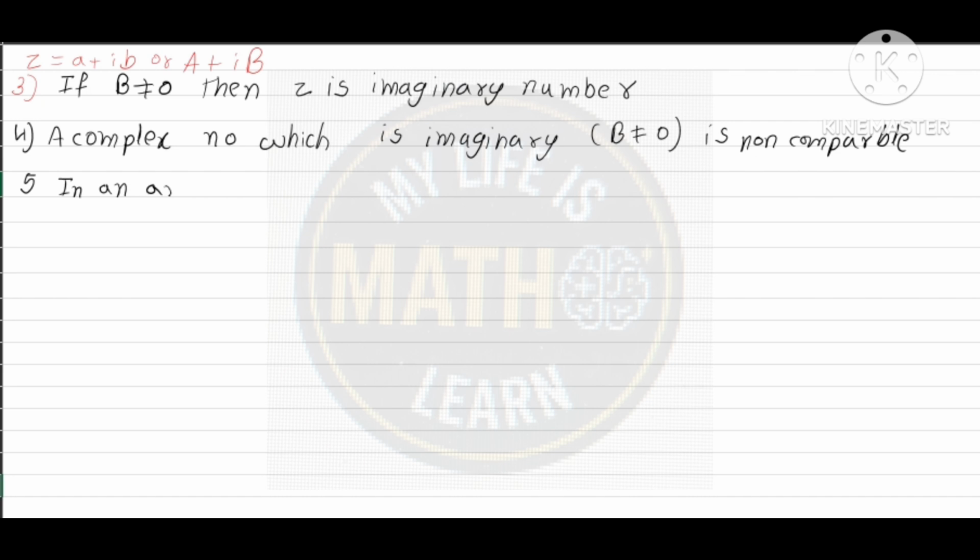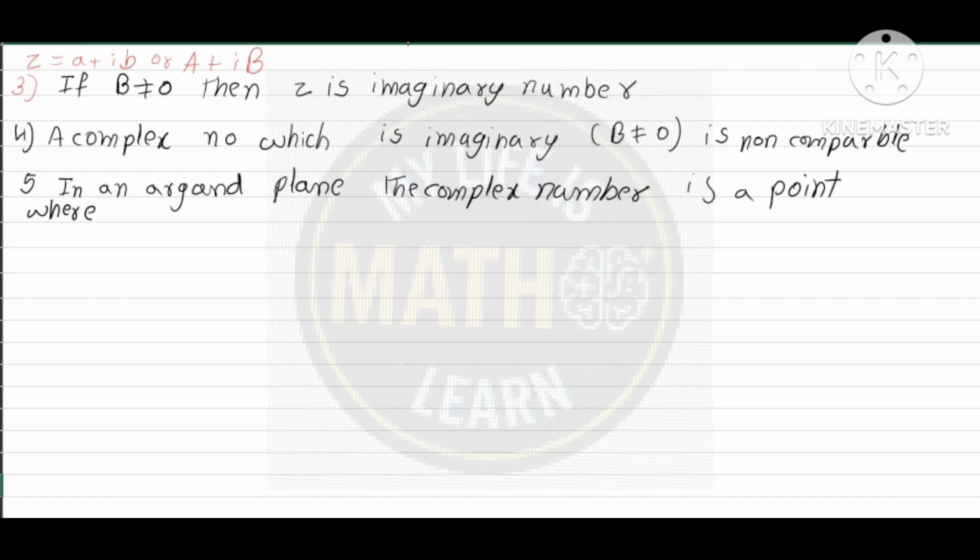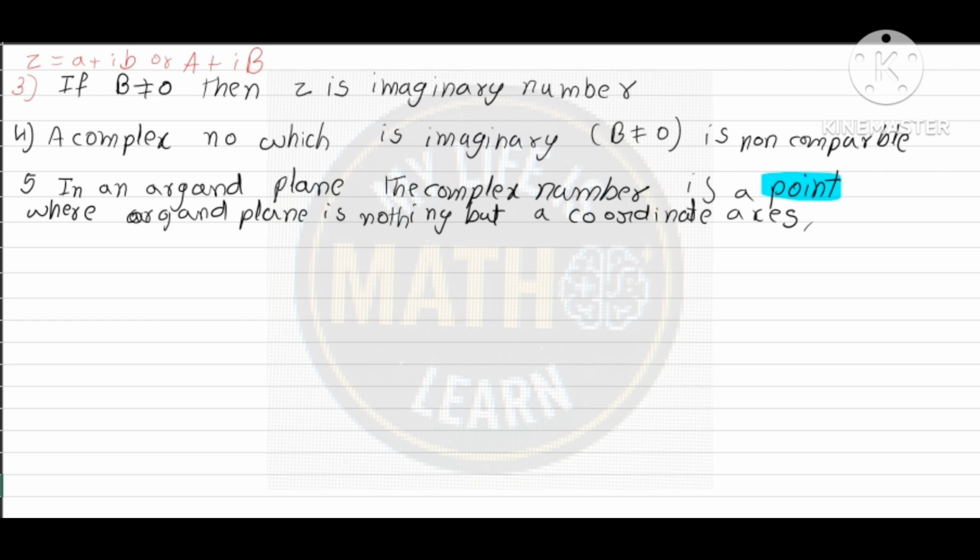Fifth point. In an Argand plane, the complex number is a point. The Argand plane is nothing but a coordinate axis system, but it is represented by imaginary numbers.